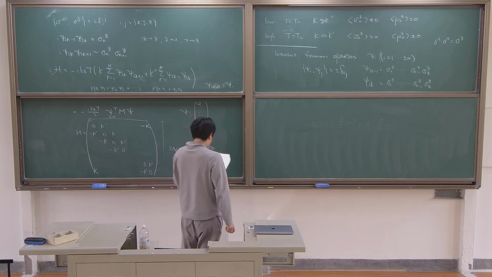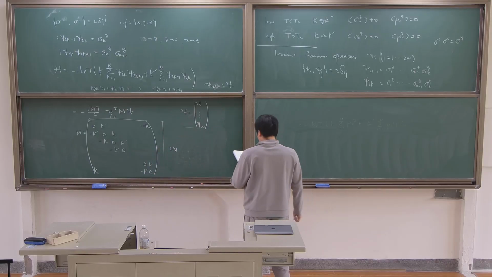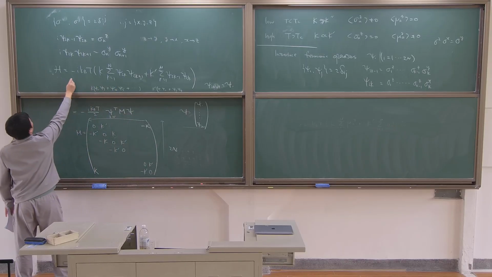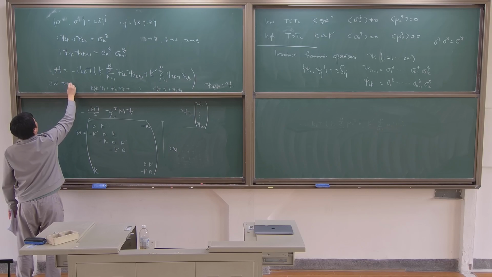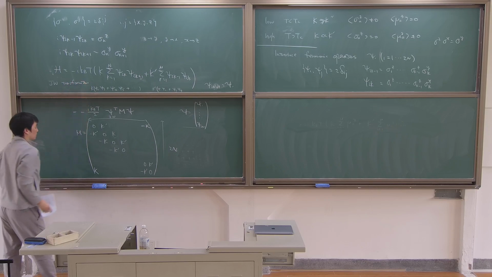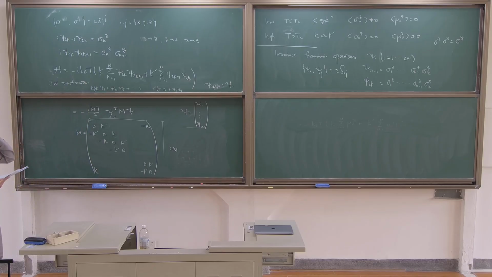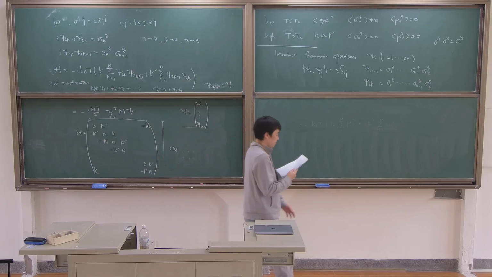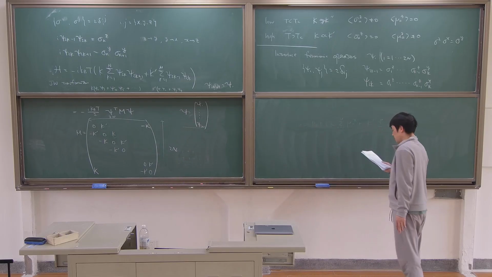And to diagonalize the Hamiltonian, this change is called the Jordan-Wigner transformation.